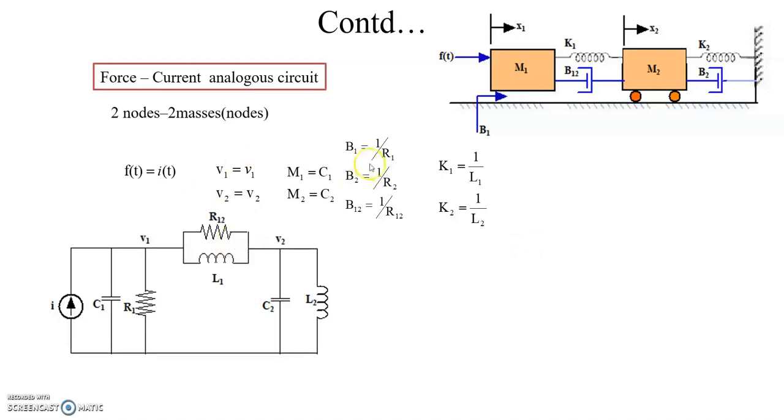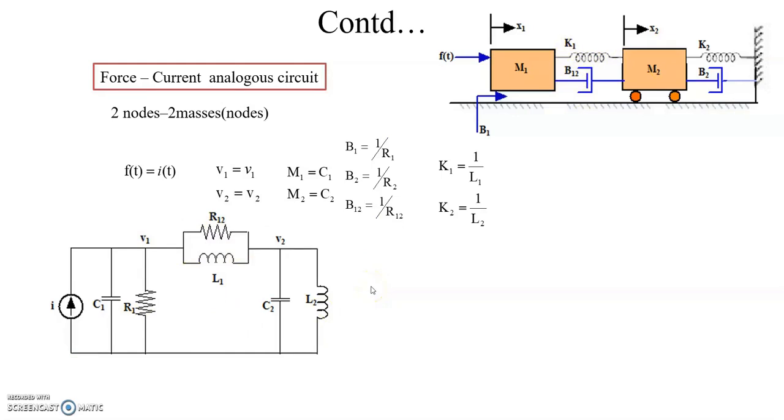The elements M1, B1, B12 and K1 are connected to the first node. This is node 1, this is node 2. The equivalent elements for K1 and B12 are common between node 1 and node 2.